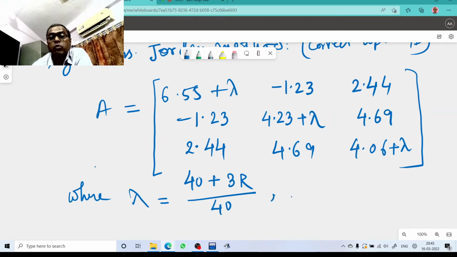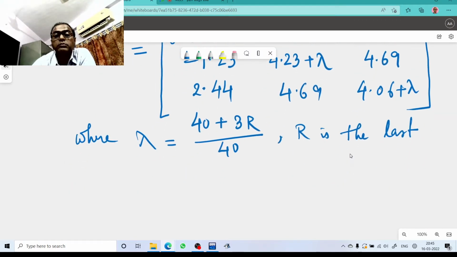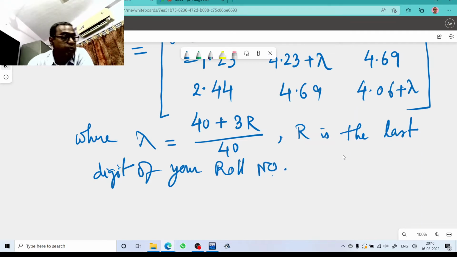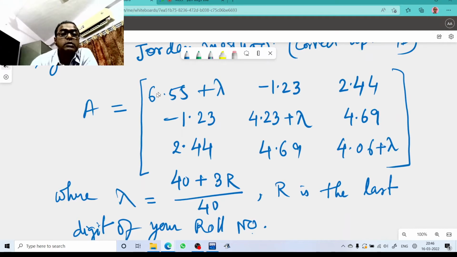R is the last digit of your roll number. Check it again.